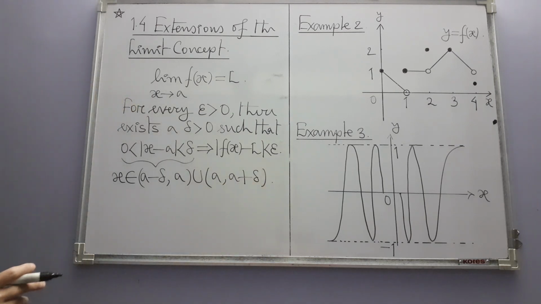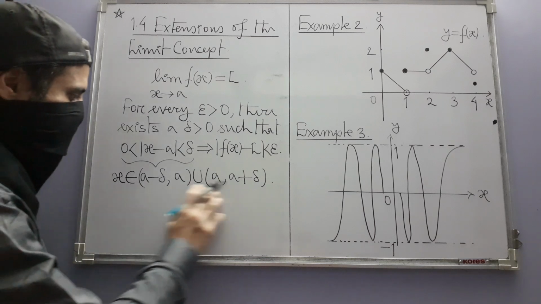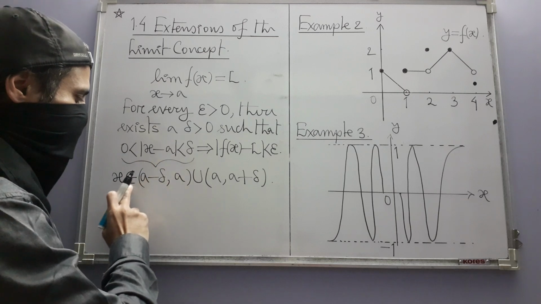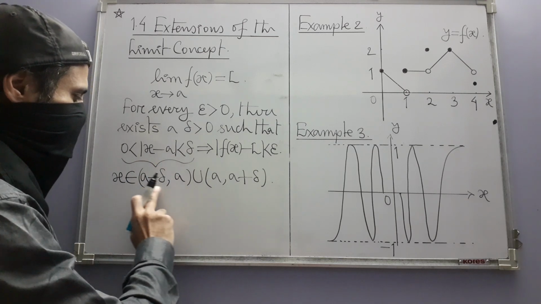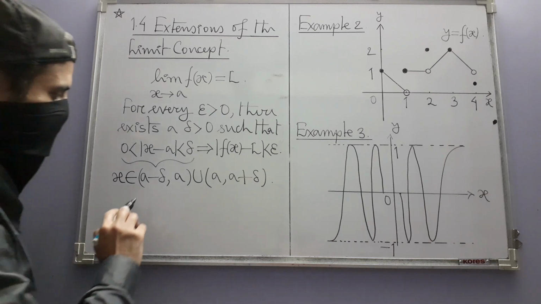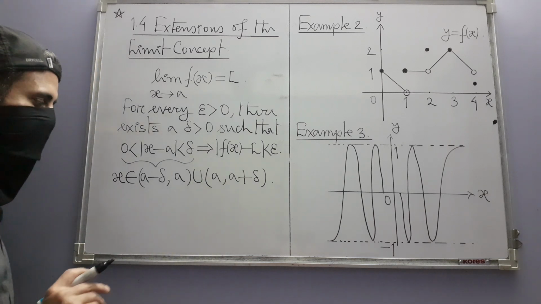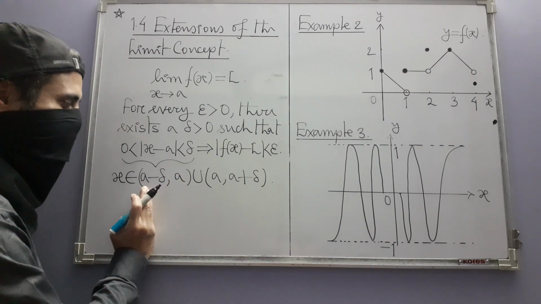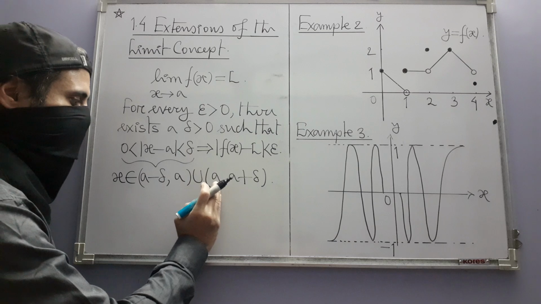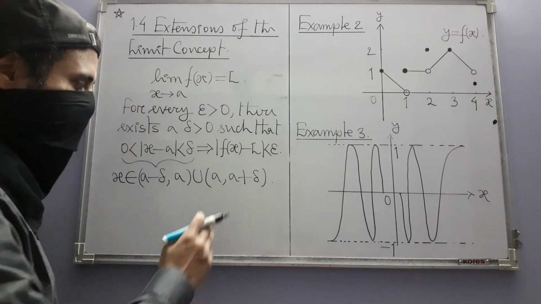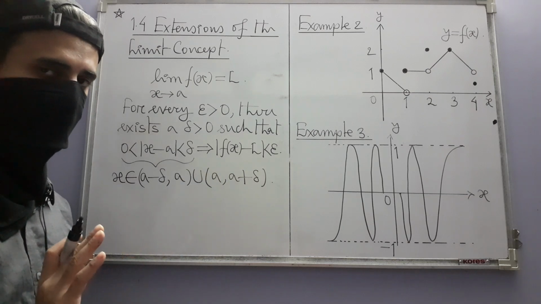It's very easy to see, we have done this many times before, why these inequalities are the same as this x belonging to this set. So here you see a union of two intervals. One of them contains points lying to the left of a, and the other one contains points lying to the right of a, of course within the distance delta from a.